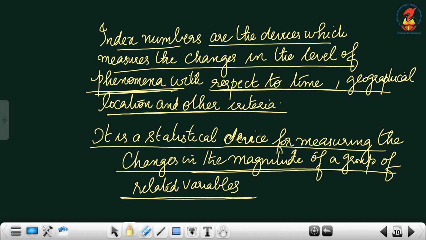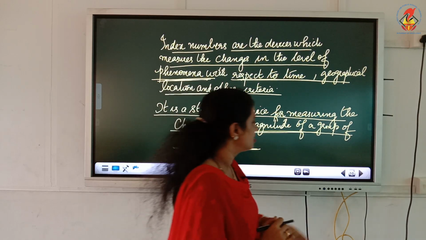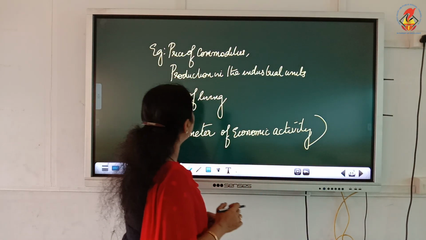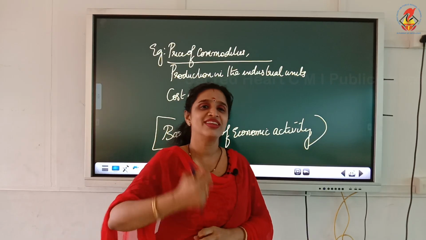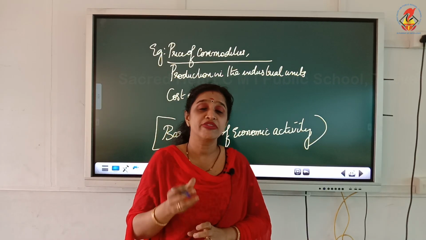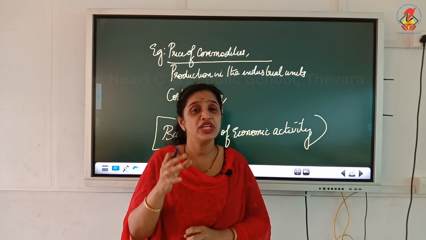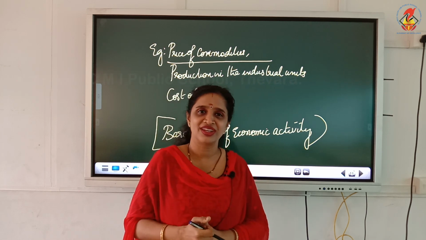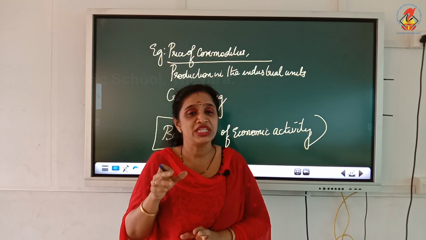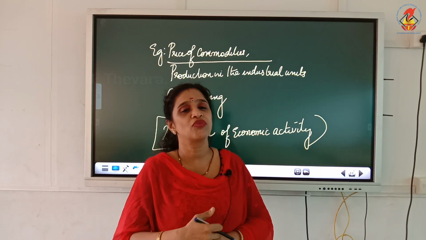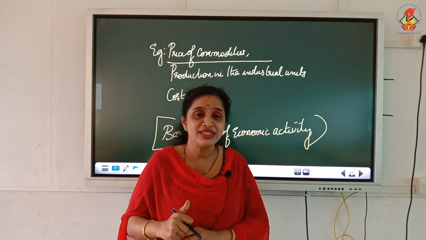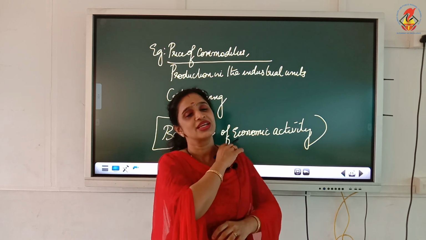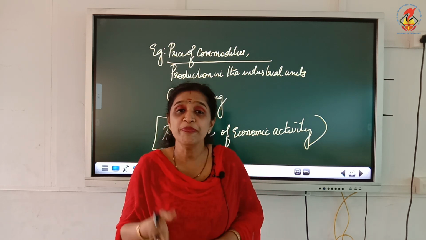Now, with an example, I will make the concept of index number very clear to you. The example which I have given is prices of the commodities. You know that prices of the commodities are varying, isn't it? The price of a particular commodity has changed from the previous years to this particular year. Now, if 2021 is the current year, the base year will be 2020, 2019, 2018, 2017, all other previous years can be considered as the base year.